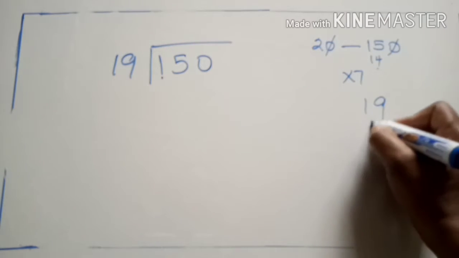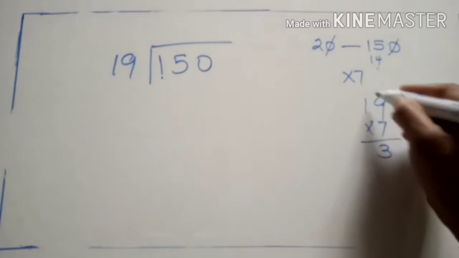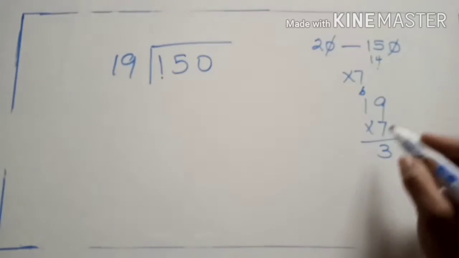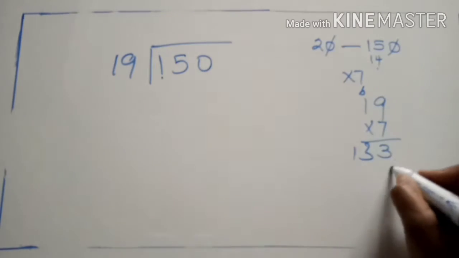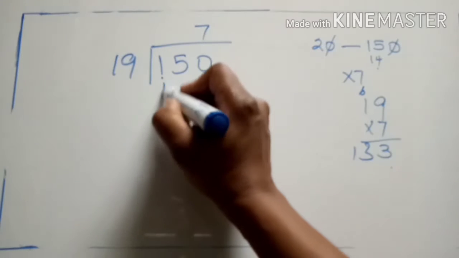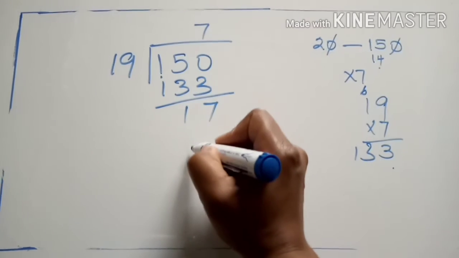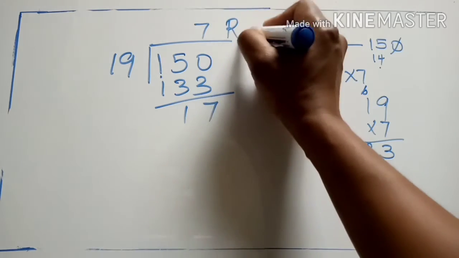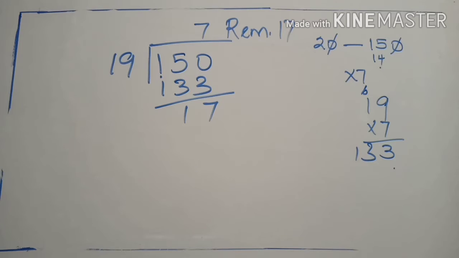So we'll say 19 times 7 is 63. Carry 6. 7 plus 6, 13. So 133 because of 7. Subtract that, you'll get 17. So our answer is 7, remainder 17.